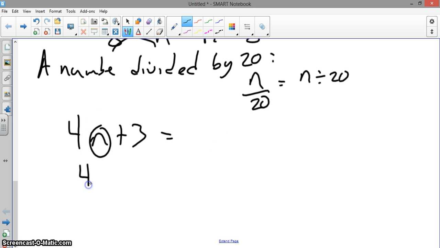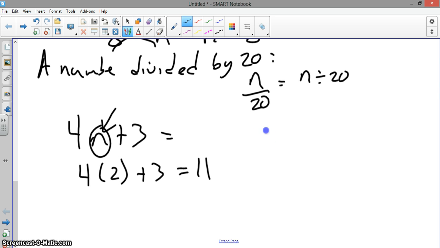Let's say n was 2. So now it's 4 times 2, which is 8, plus 3 is 11. See how we can solve it now that we know what n is? Okay, let's take a look at some other examples of how to evaluate.